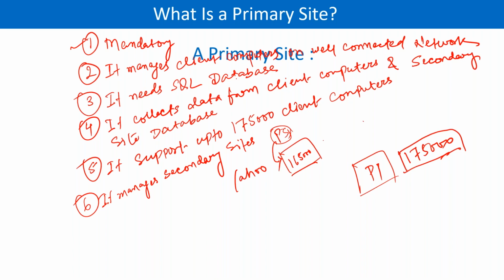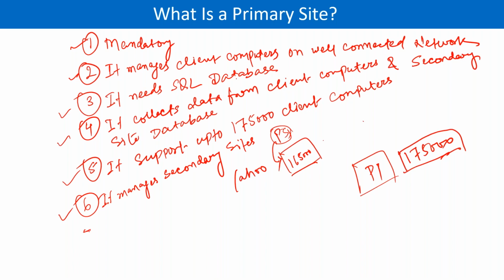It's a mandatory site. It manages client computers in a well-connected network, like on the local LAN network in the headquarters. It needs a database to store the data. It collects data from client computers and secondary sites. It has a limit of 175,000 client computers. It manages secondary sites.